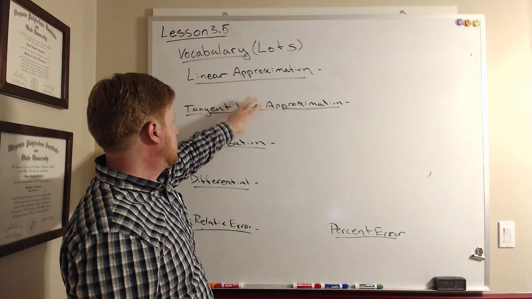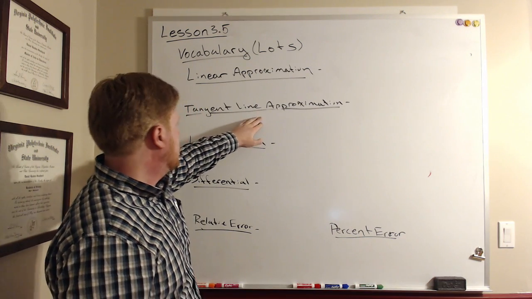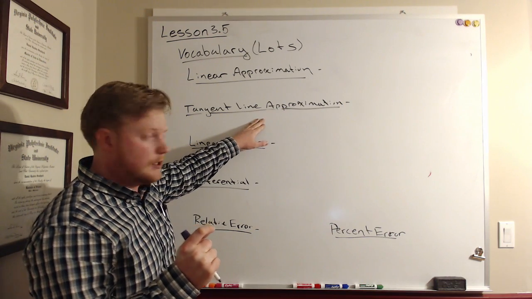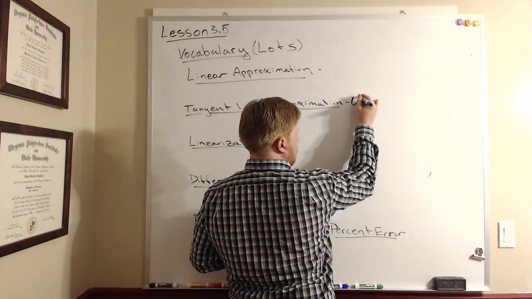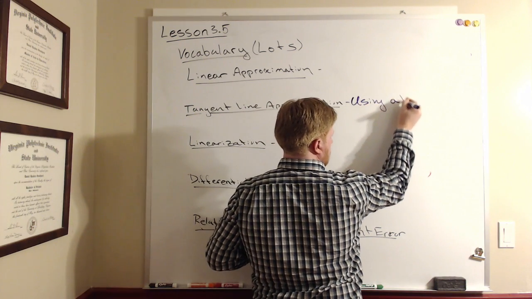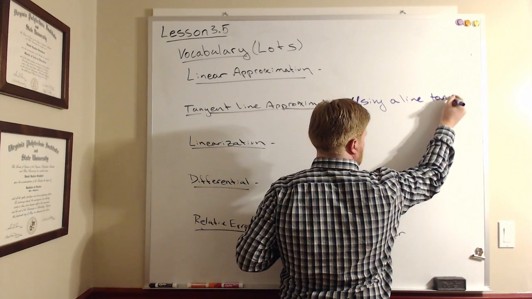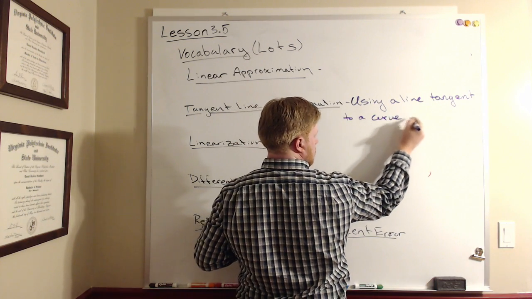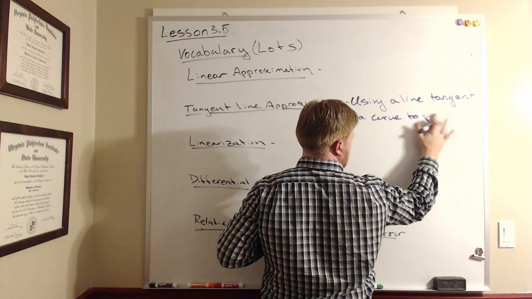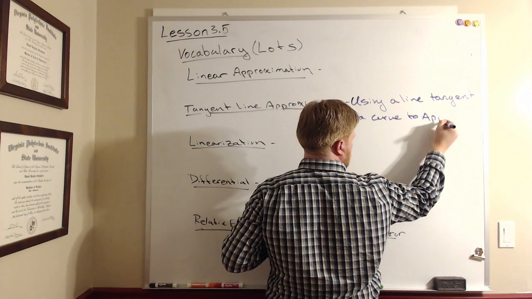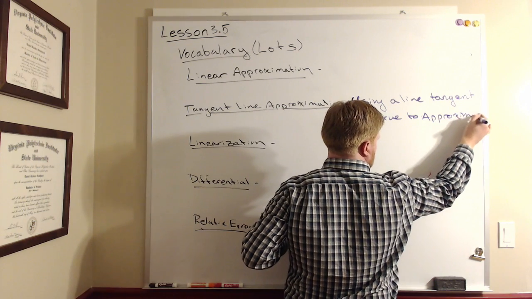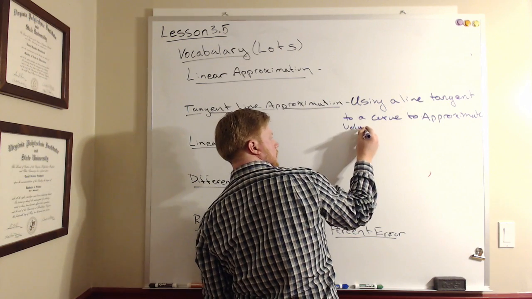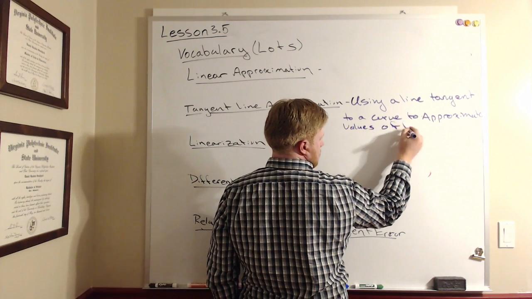And tangent line approximation is using a line tangent to a curve to approximate values of the function.